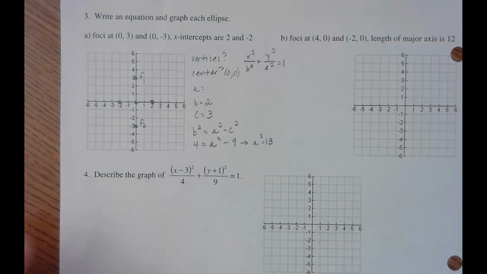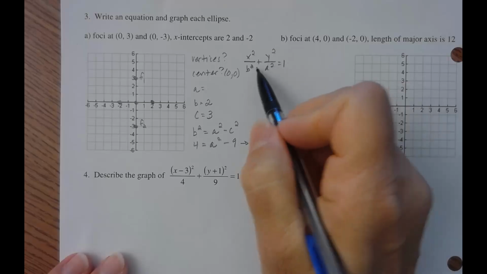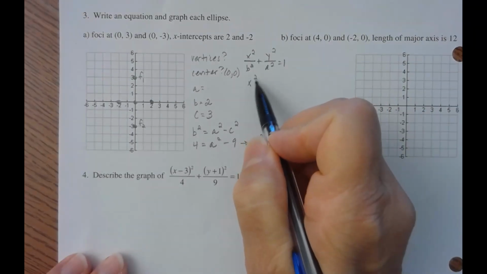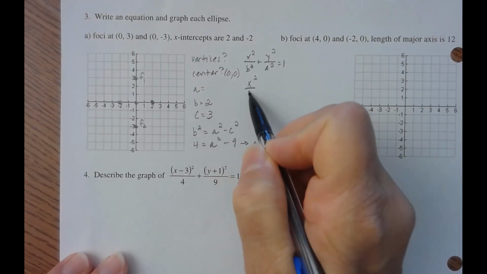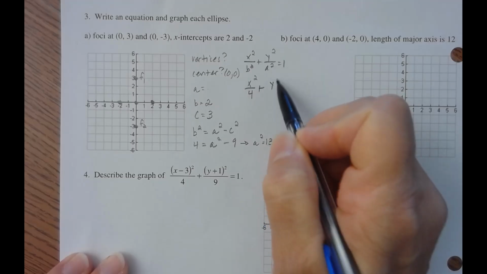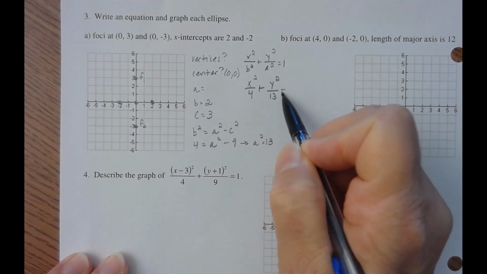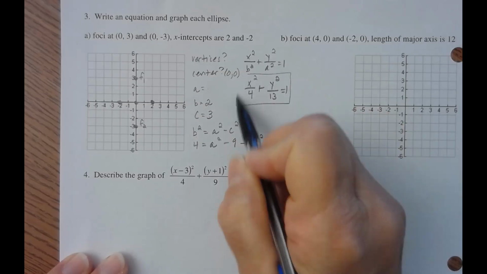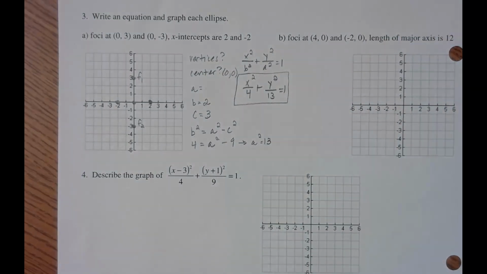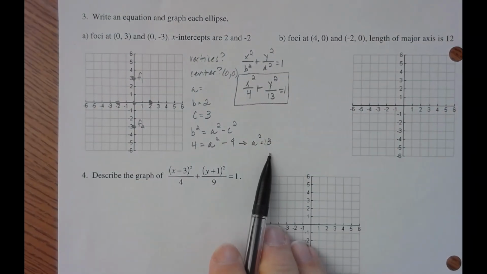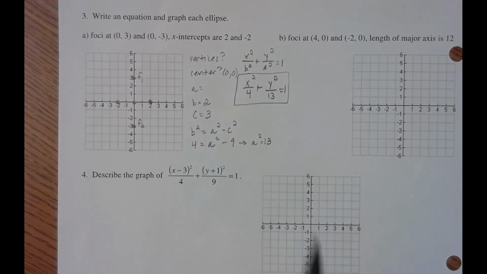I have to add 9. So now when I write my equation, x squared over B squared, 4. Y squared over A squared, 13, equals 1. If I want to finish the graph, the square root of 13 is between 3 and 4.